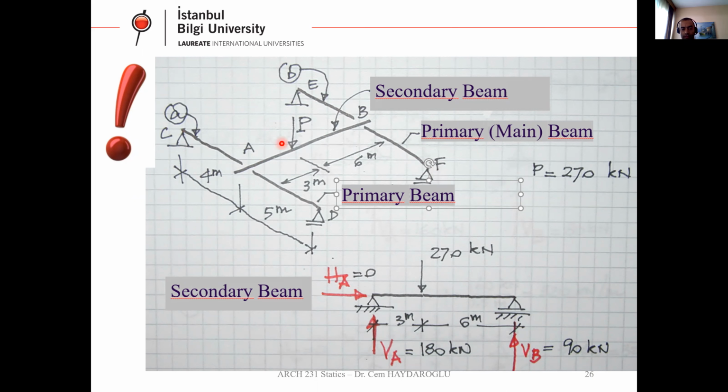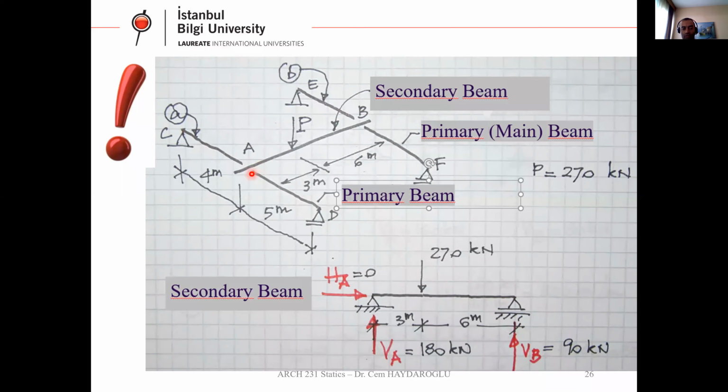How do we transfer this P load to these supports? That's the kind of question. This is the secondary beam. These are the primary beams, between the supports. But the secondary beam is between these primary beams. That's the difference here.